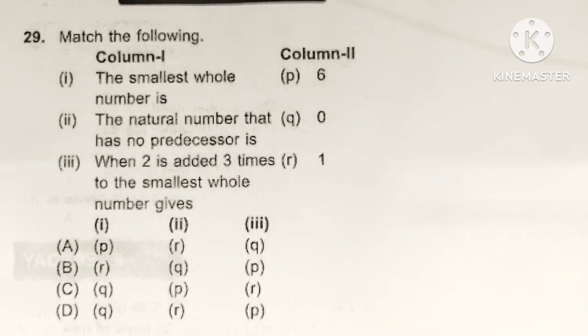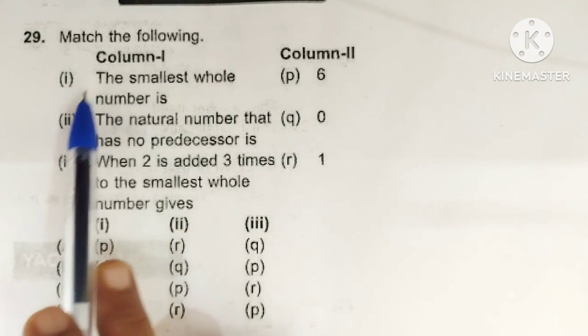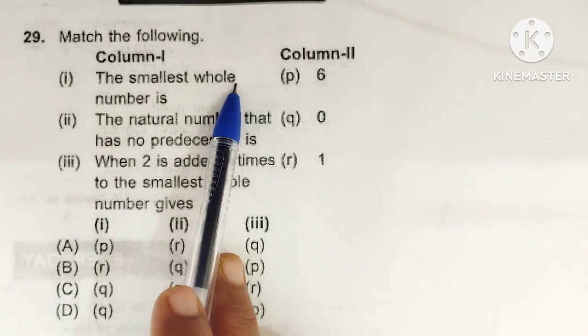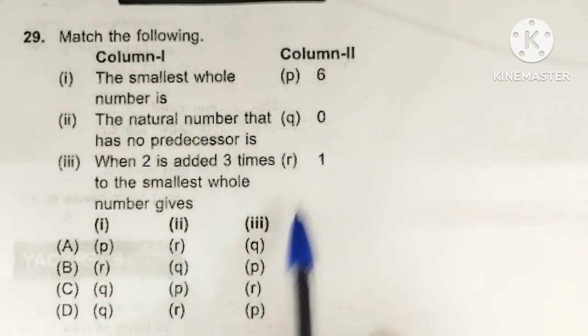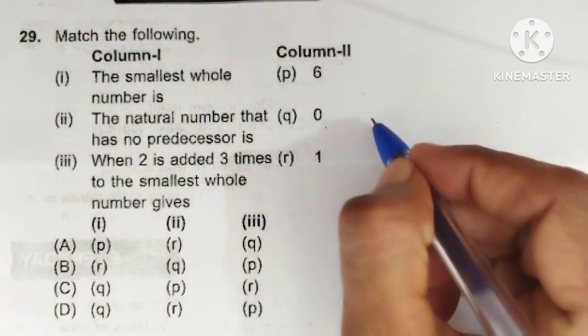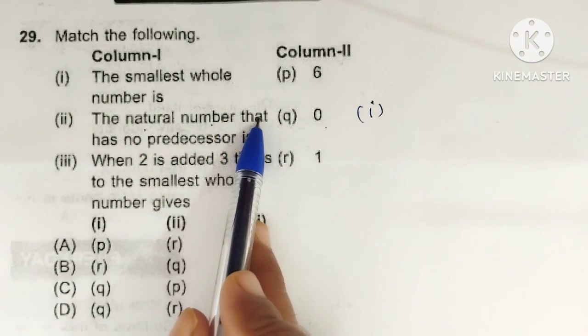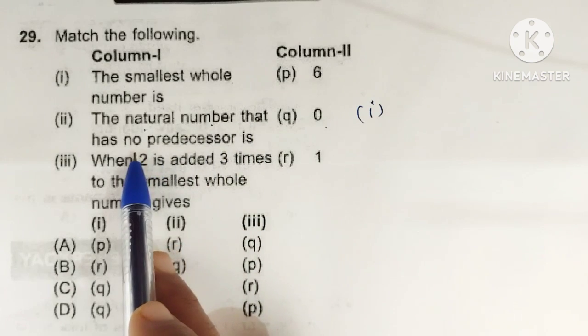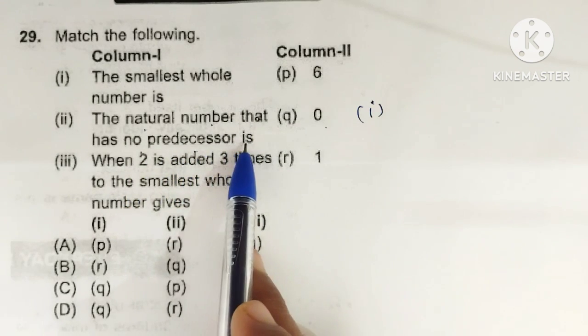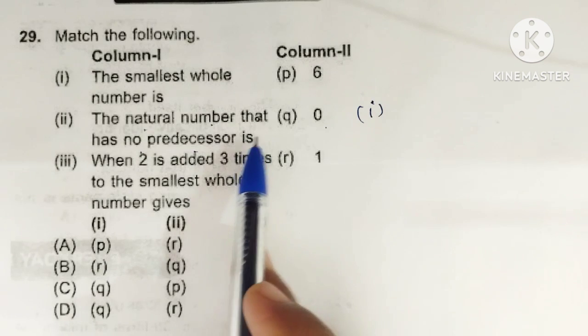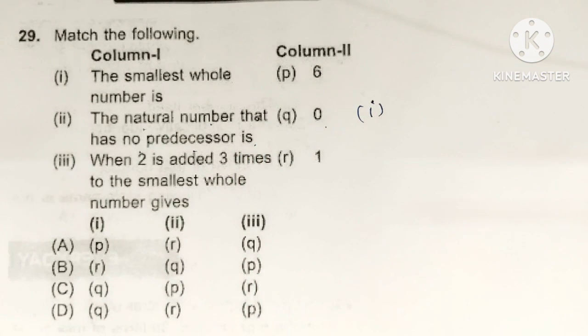29th one. Match the following. Column 1: the smallest whole number is 0. The natural number that has no predecessor: natural numbers start from 1, so 1 does not have any predecessor.